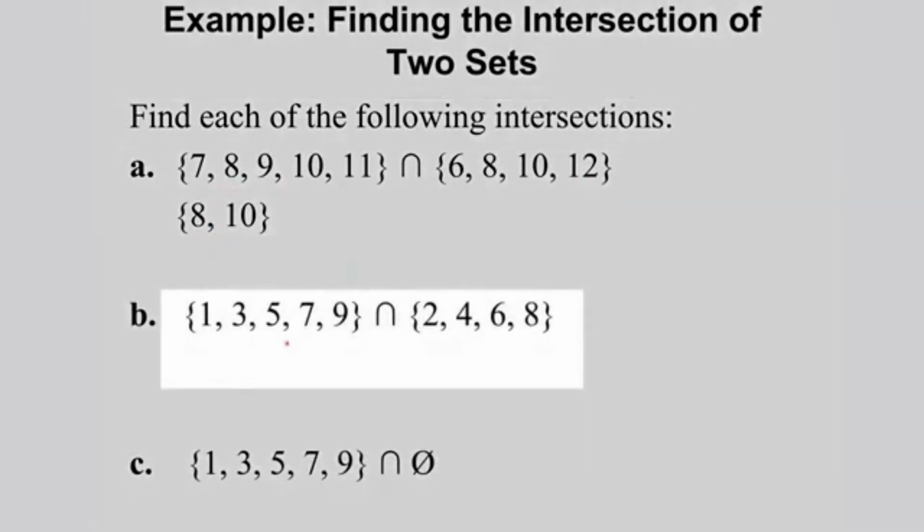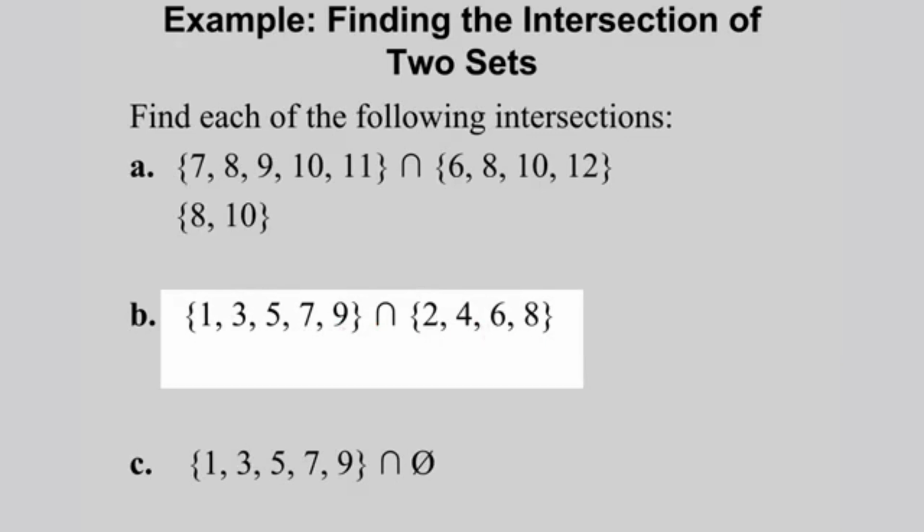Now for letter B, we do the same thing. We compare the elements and see what elements are common to both. Do you see any elements that can be found here and also in here? And fortunately, there are no elements that belong to the first set and also to the second set.